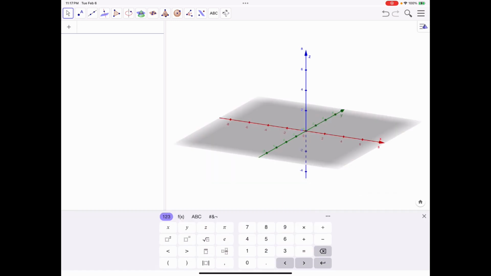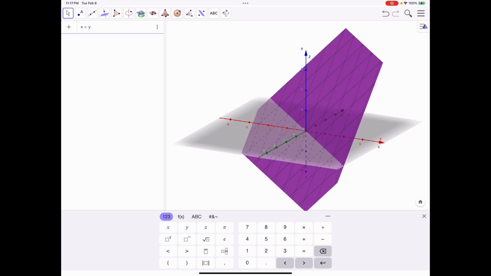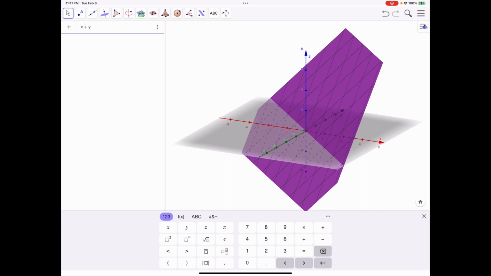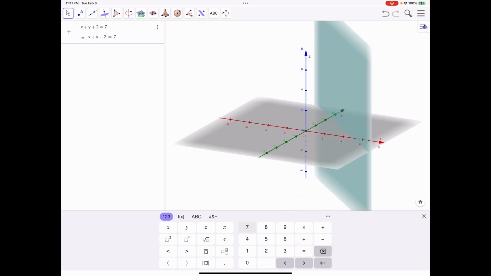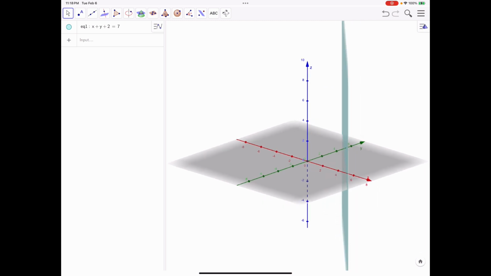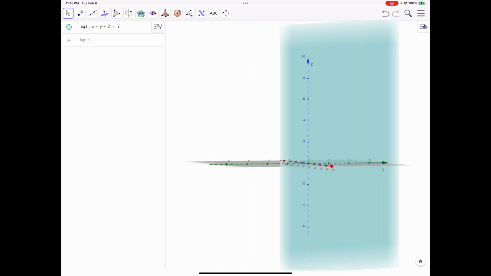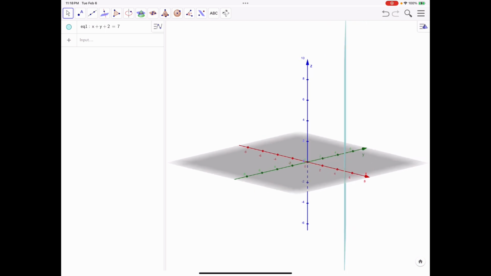My first line, x plus y plus z equals 7. Enter. And it graphs not just a line, it graphs an entire plane. You remember that term from geometry.